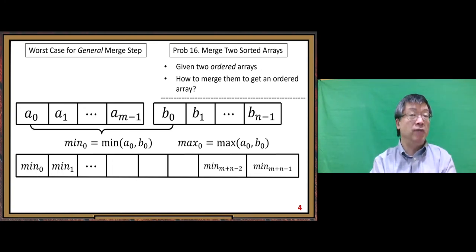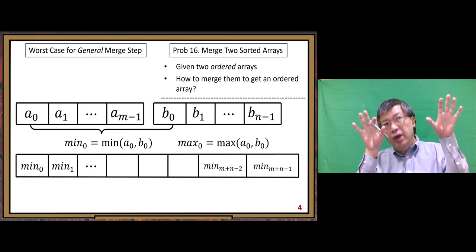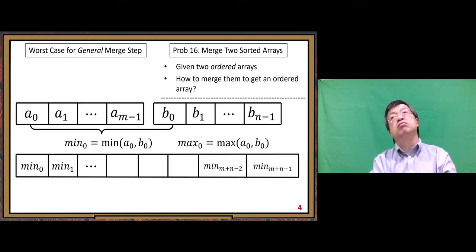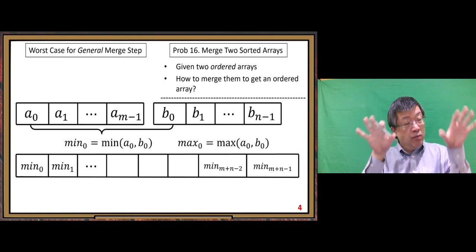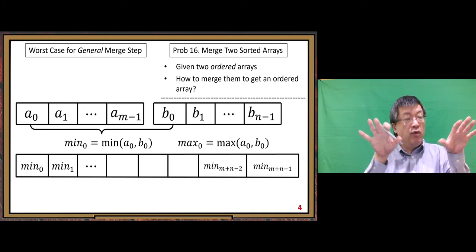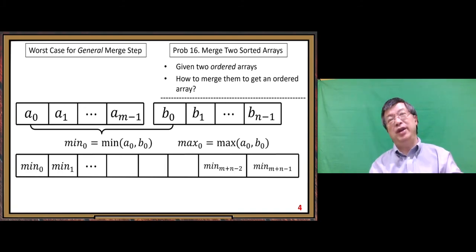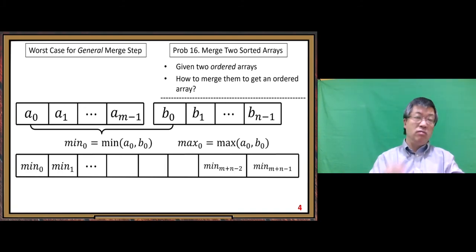That's possible, right? So I want to still look at that question. If we merge two ordered arrays with different sizes, what is the worst case? Just a little more extension, we can get that.